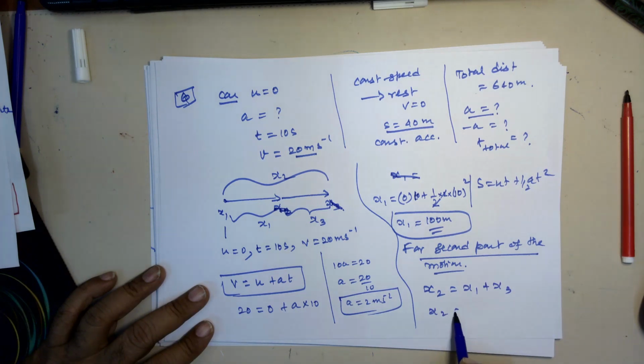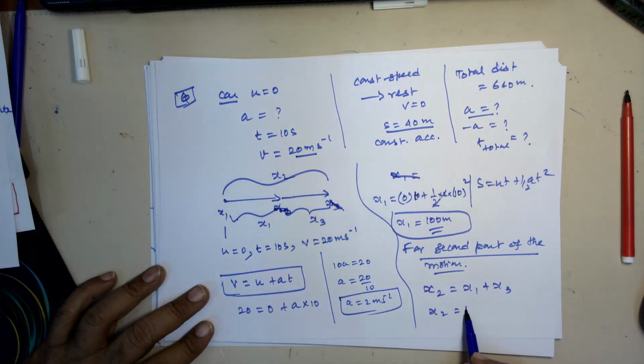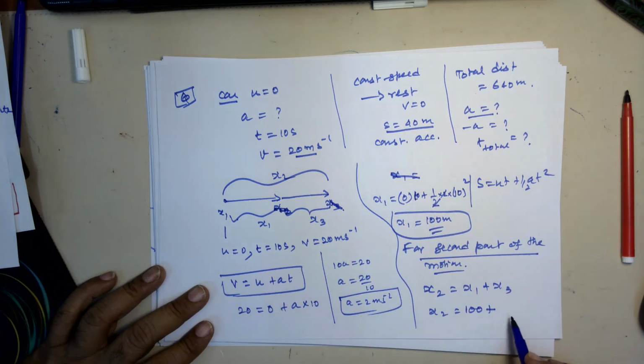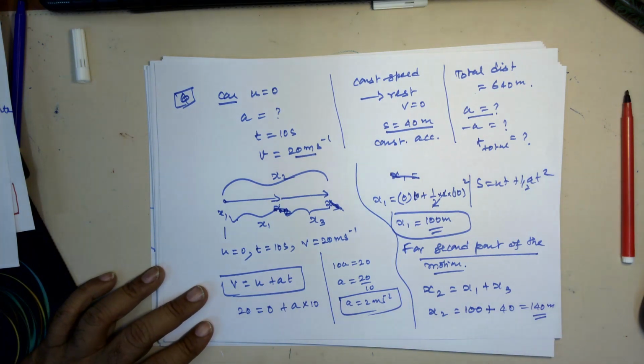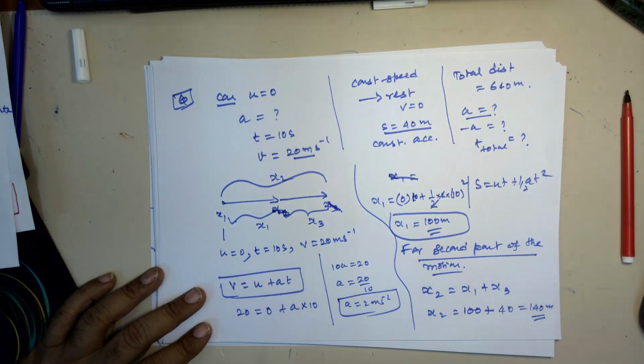What is x2? x1, this displacement, is 100, plus, what about this? This is 40, that is given here. Therefore 140 meter, right? Okay. So we have found out 140.